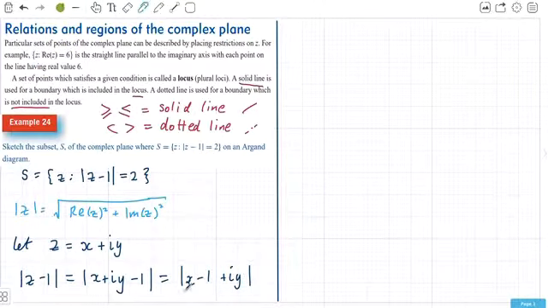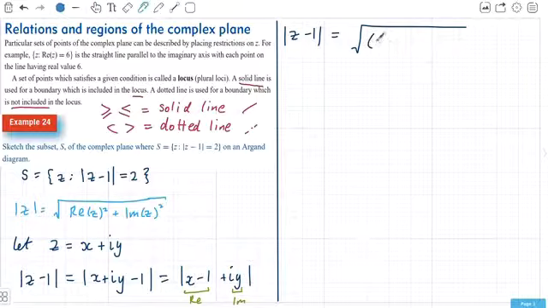So this is our real part, and this is formally that y is the imaginary part. So let's look at now using this expression. So the modulus of z minus 1 is equal to the square root of the real part squared, which is x minus 1 squared, plus the imaginary part, which is y squared, like that. Okay, that's what we get.